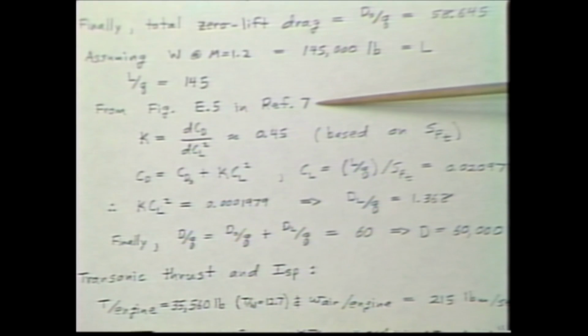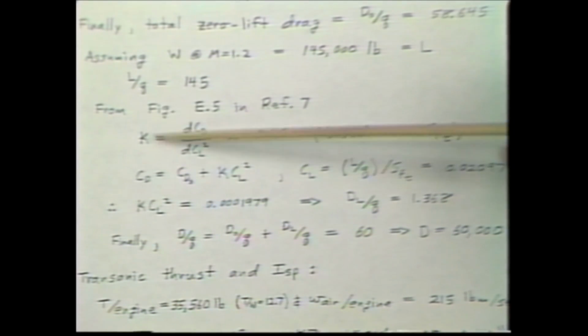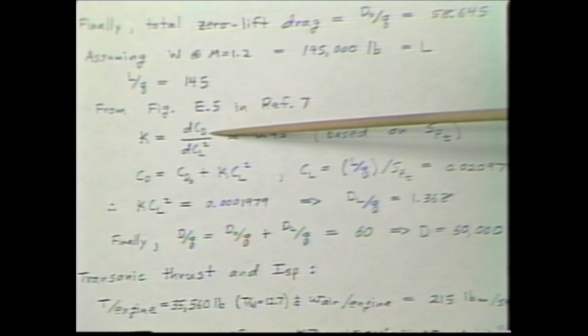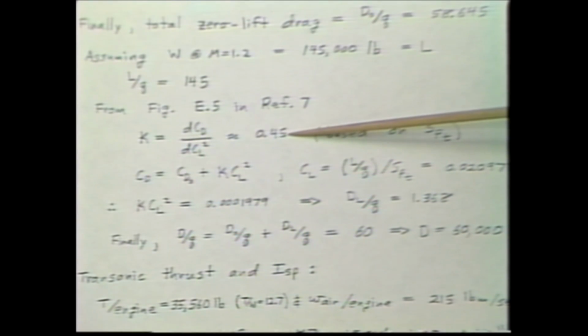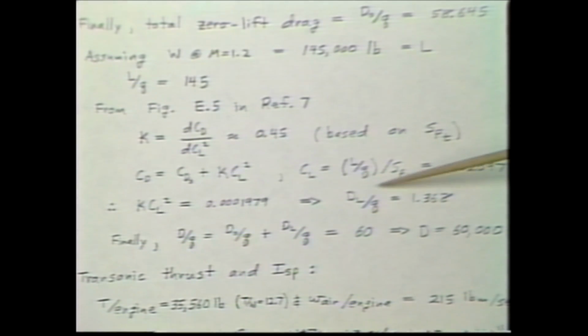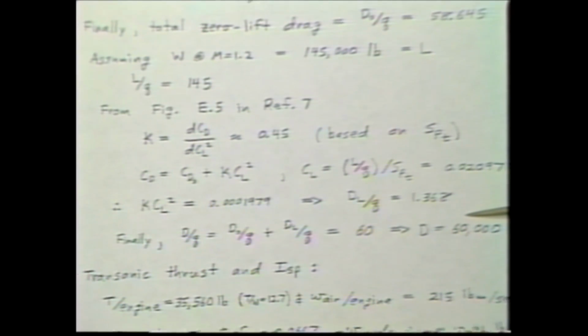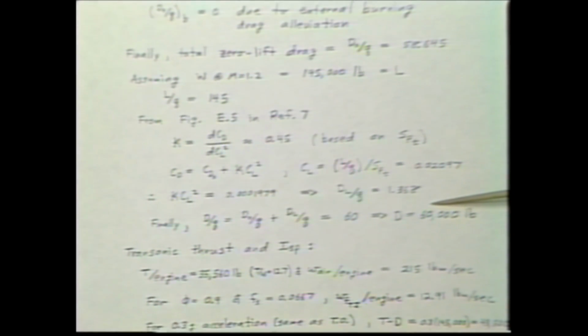In reference 7, which is Nikolai, there's a figure that shows experimental data for the drag due to lift factor K, which is the derivative of drag with respect to CL squared. For our vehicle, about 0.45 is the value. From that, we can evaluate the drag due to lift, and the net result is our plane produces about 60,000 pounds of drag at Mach 1.2.